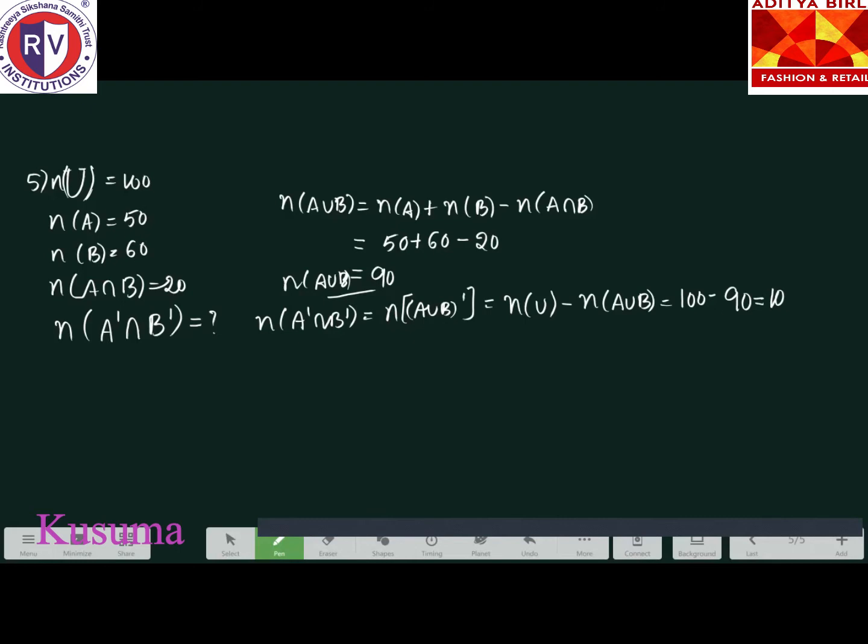So the number of elements in A dash intersection B dash will be equal to 10, which is option D in the question. Therefore the right answer is option D.